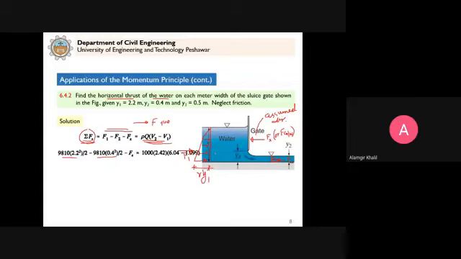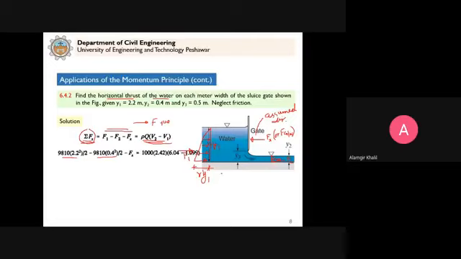So if I want to calculate the force F1, the equivalent point load, this is what you commonly do to convert a triangular load into an equivalent point load. You calculate the area of this triangle. The depth is y1, and this ordinate, according to fluid mechanics principle, is gamma into y1.